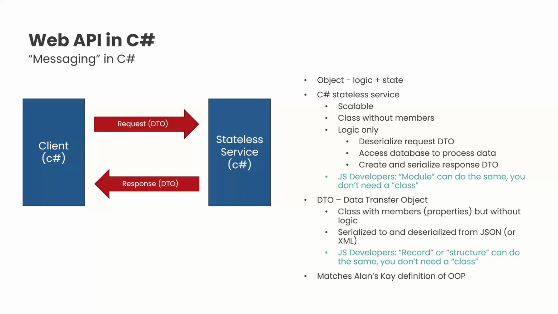Then this stateless service class gets that deserialized data, does something with it, and sends back again some objects that only have state, only have properties, no logic. They are serialized to text, to JSON or XML, sent back to the client, and the client deserializes them and probably displays them on the screen.